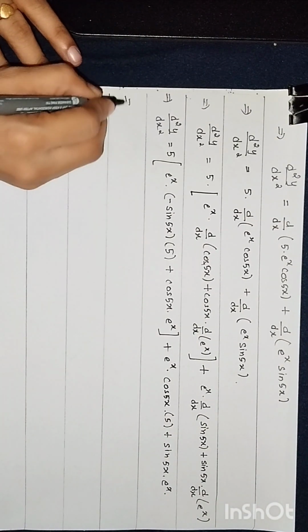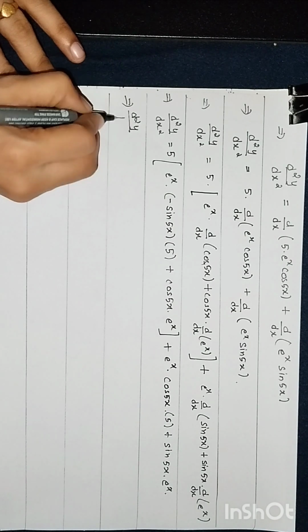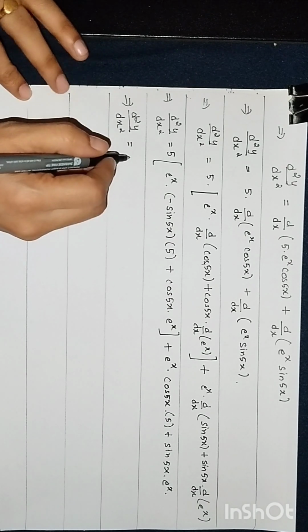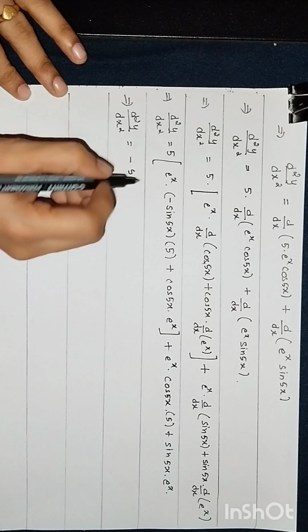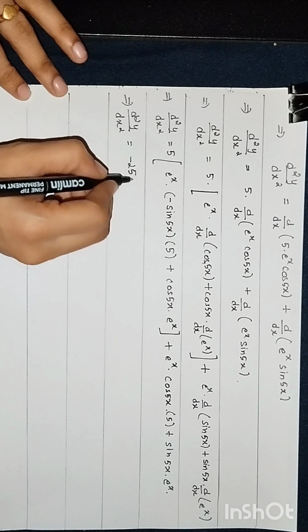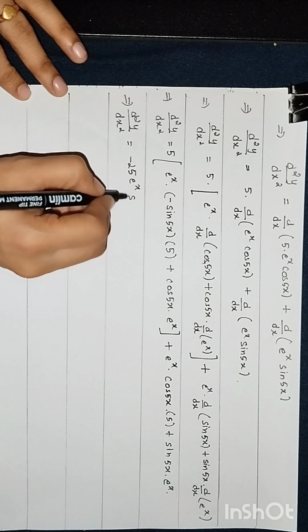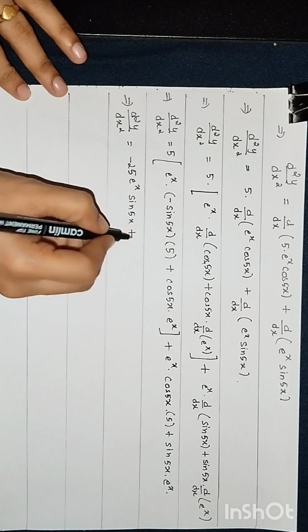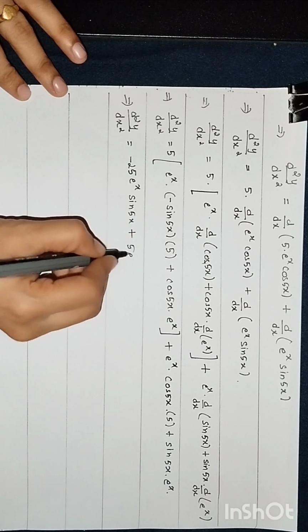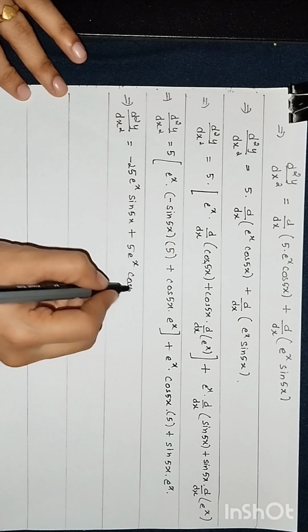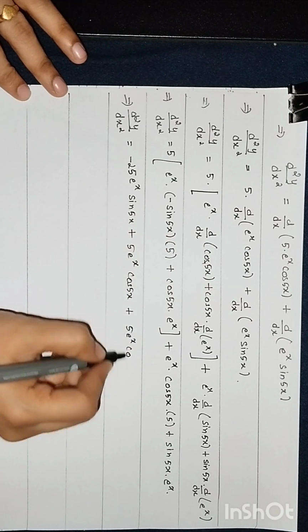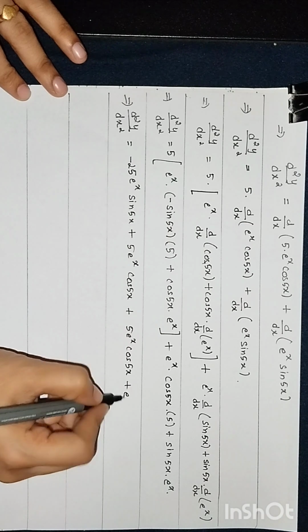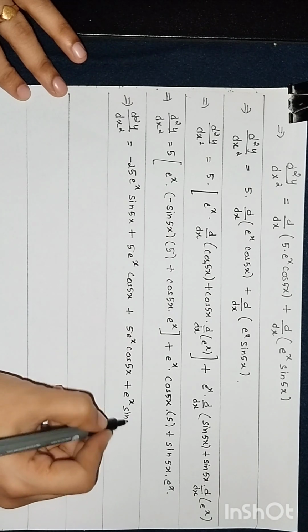Now we will multiply by 5, so 5 times 5 is 25. We get minus 25 e to the power x sin 5x plus 5 e power x cos 5x plus 5 e power x cos 5x plus e power x sin 5x.